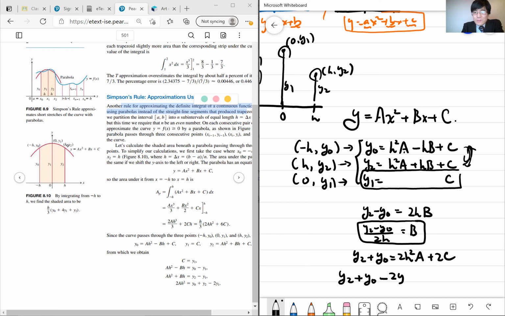So a is equal to y2 plus y0 minus 2y1 over 2h squared.